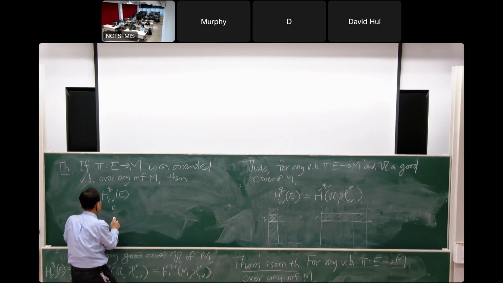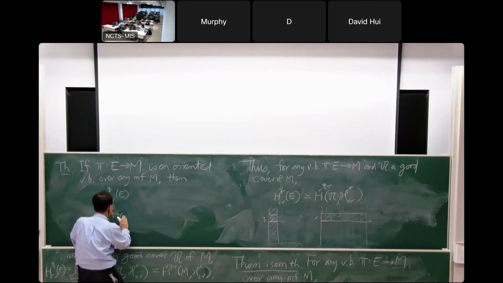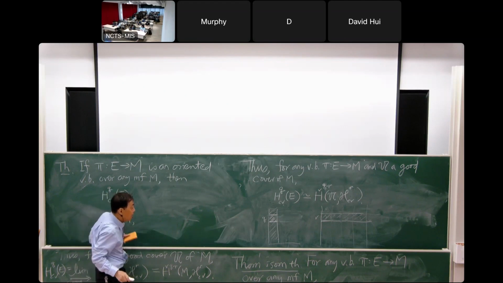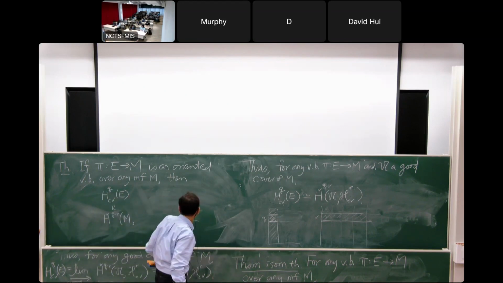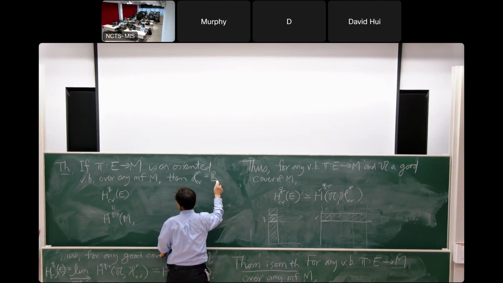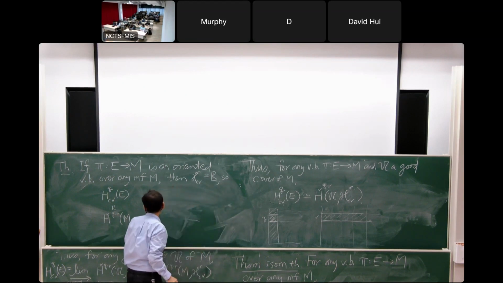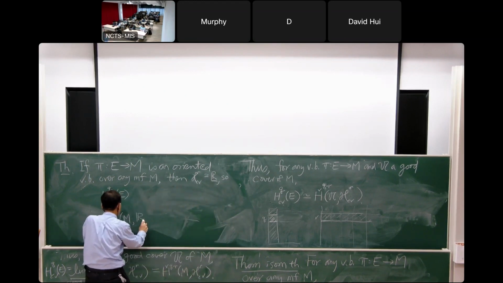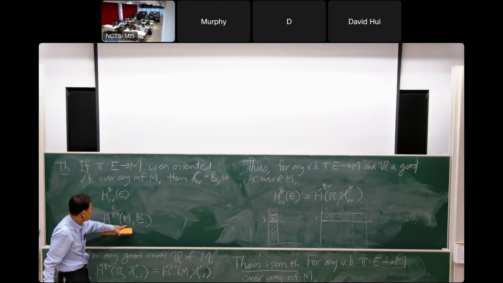So this is isomorphic to the Čech cohomology of U in degree q minus r of M with coefficients in that pre-sheaf. But we know that when E is oriented, this pre-sheaf is isomorphic to the pre-sheaf of locally constant functions. So it's this Čech cohomology, right?